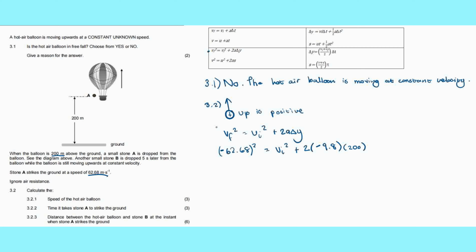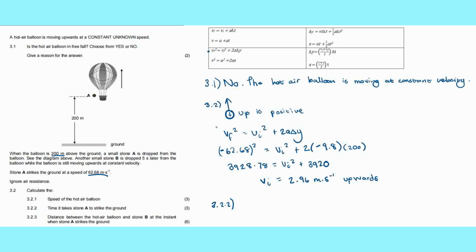When we simplify this, and upon further simplification and solving, we will find that this initial velocity is equal to 2.96 meters per second, and that its direction is upward.